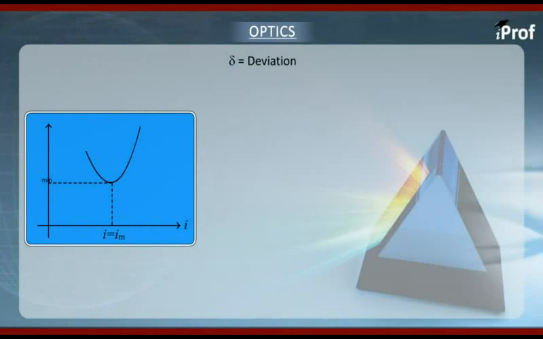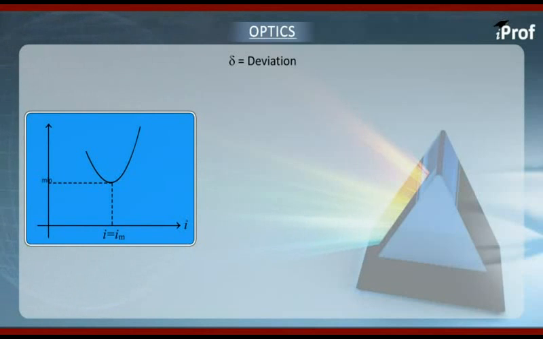Now at the two interfaces, the incident ray is rotating clockwise, and it is very clear from the figure that the deviation at the first interface, that is delta 1, is I minus R1. And similarly, it is clear from the figure that the deviation at the second interface is E minus R2.